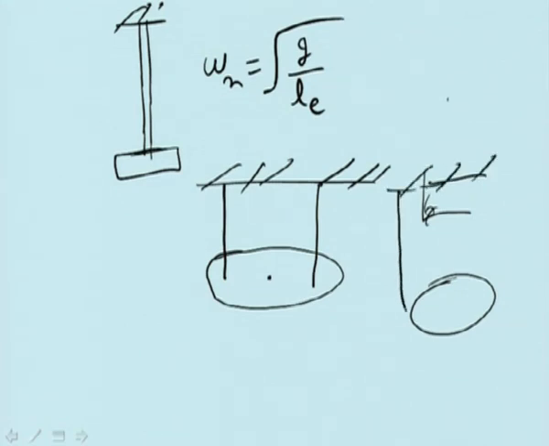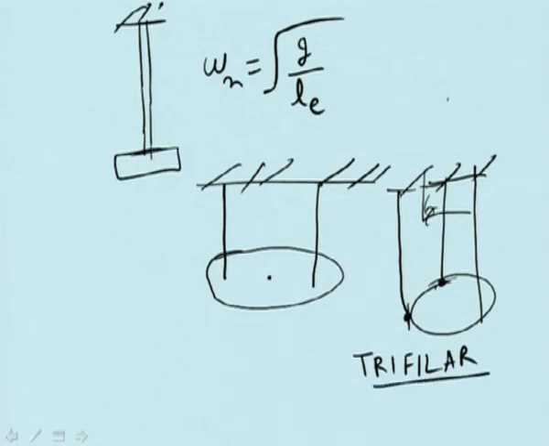One string may be this, another may be here, and the third is here. This is called trifilar suspension. We will start our discussion from this in the next lecture.